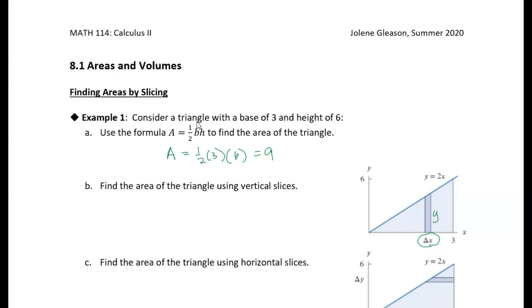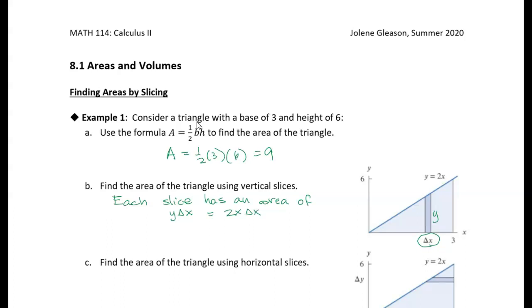So each slice has an area of basically y times delta x, and since y is equal to 2x, we get 2x times delta x.